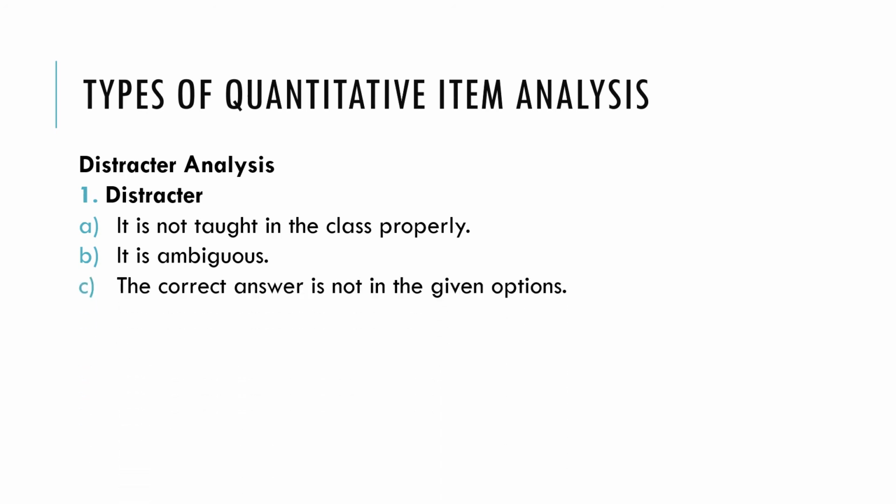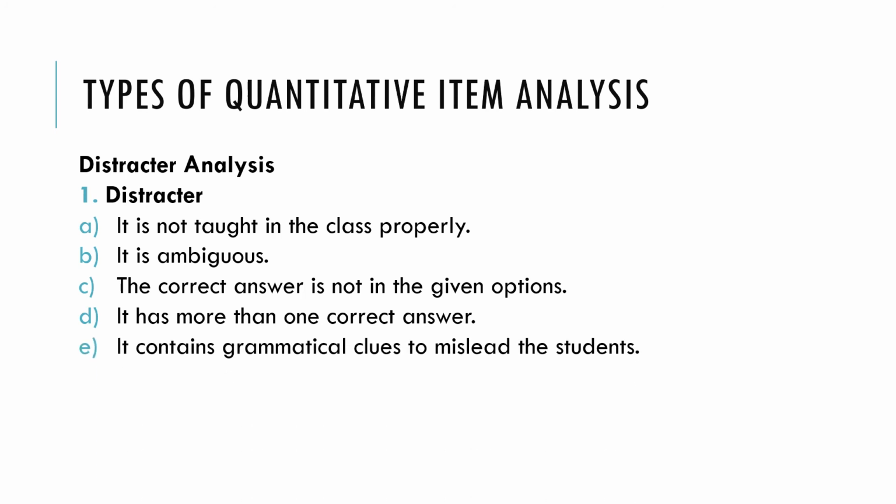Letter C, the correct answer is not in the given options, yung wala sa options yung tamang sagot. Letter D, it has more than one correct answer, na doble. Like for example, letter A, apple. The correct answer is letter A, apple. Letter B, mango. Letter A, apple. So nagdoble, no? And then it contains grammatical clues to mislead the students.